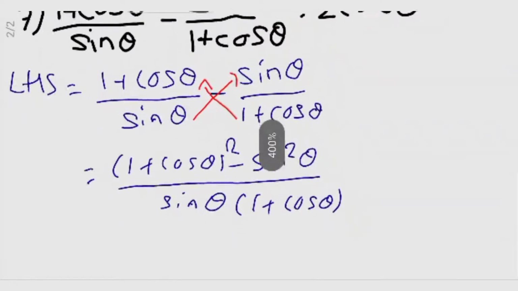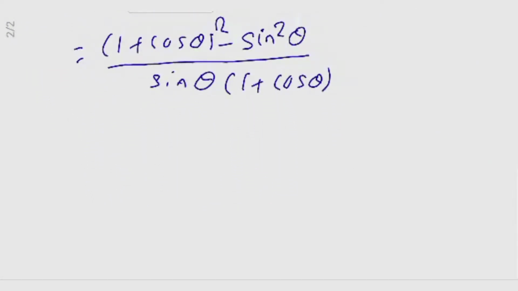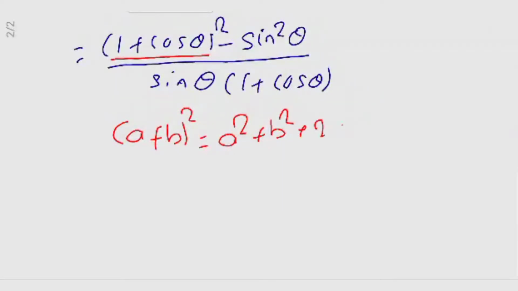Is it clear? So see here, it is in the form of (a + b) whole square. So this expanded form is a square plus b square plus 2ab. So now (1 + cos θ) whole square, expand it.